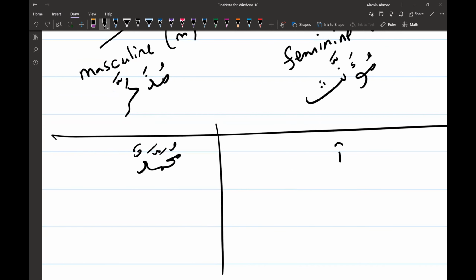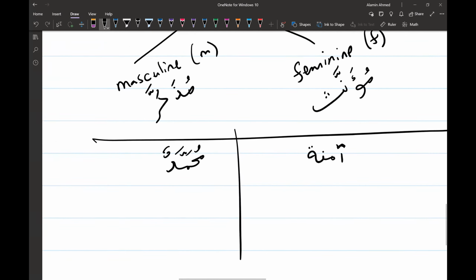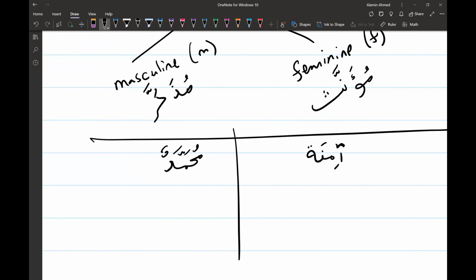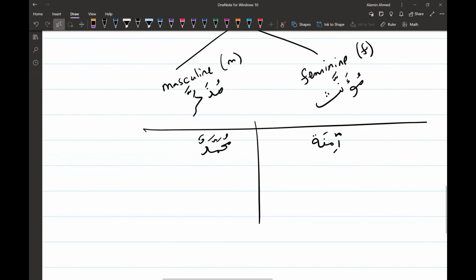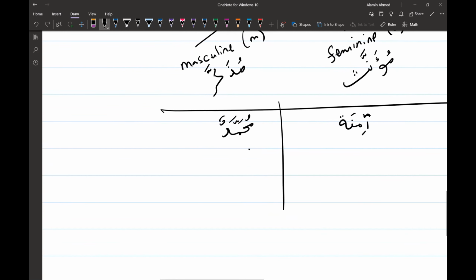And what about Amina? Amina is female, so you have mu'annath. That is the first understanding. Now, for example, you can have ab, which is father, and umm, which is mother.